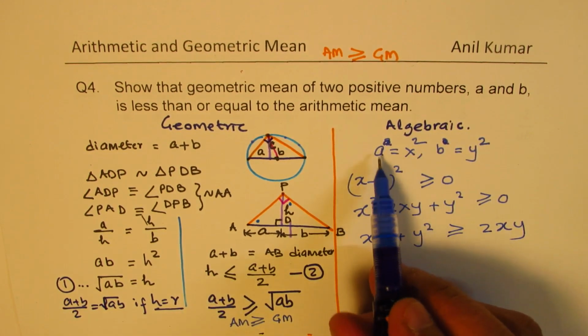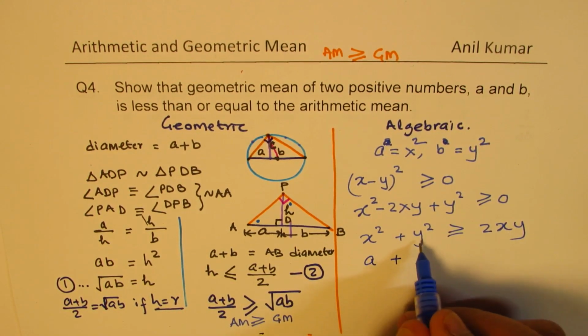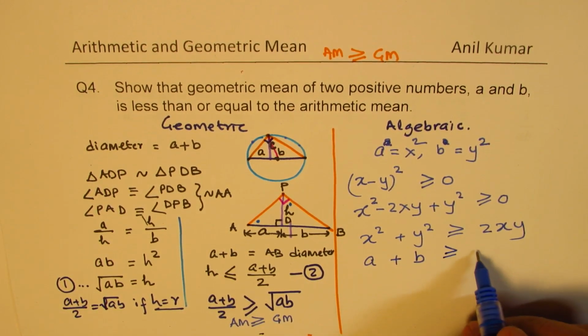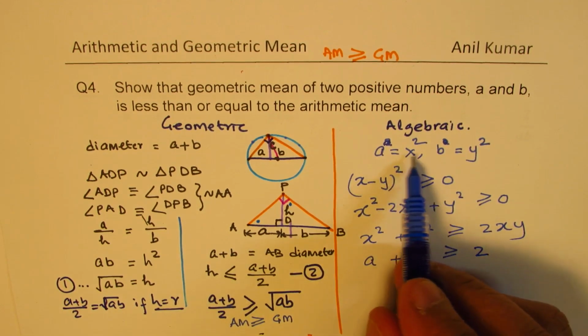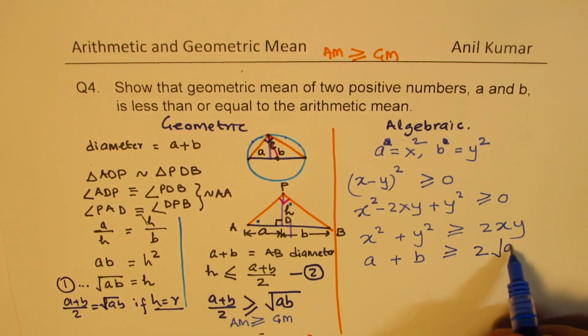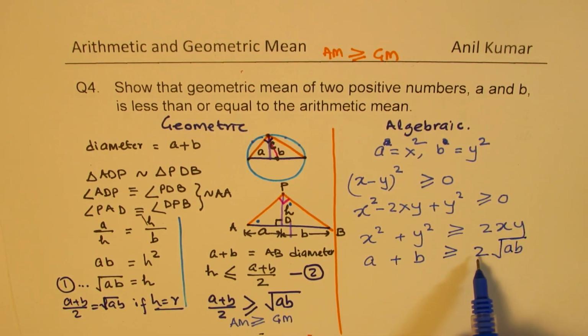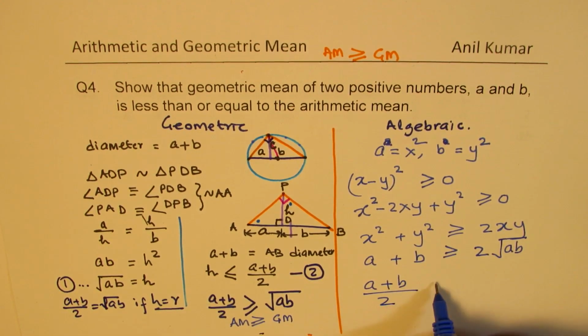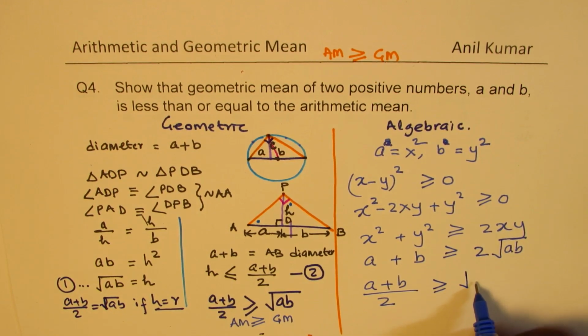Now x squared is a, so we can write this as a. y squared is b, so let's write this as b, is greater than or equal to 2 times what is xy? xy is square root of ab, right? Or dividing by 2, we get (a plus b) divided by 2 is greater than or equal to square root of ab. Is that clear to you?